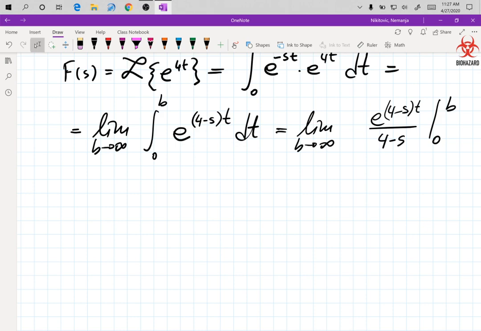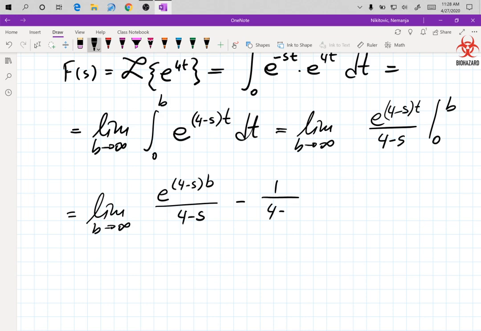Now you plug in the values for t. So we have our limit, b goes to infinity. We have our e to the (4 minus s) times b divided by 4 minus s, minus, when you plug in 0, 1 over 4 minus s.